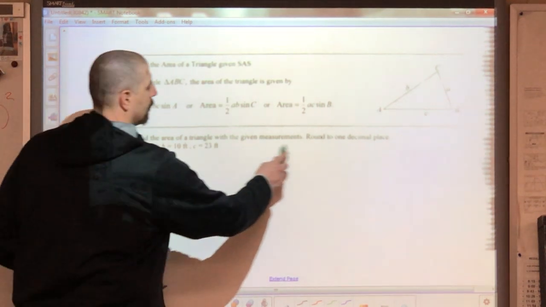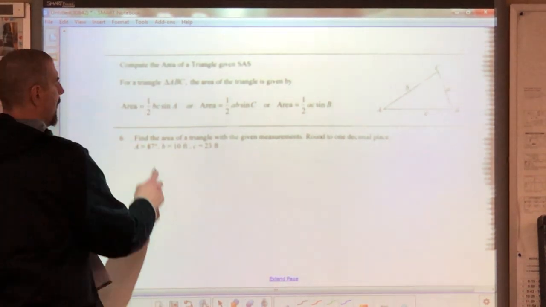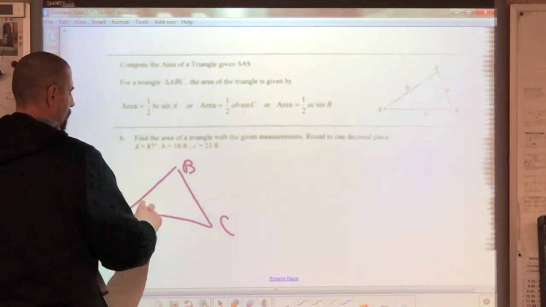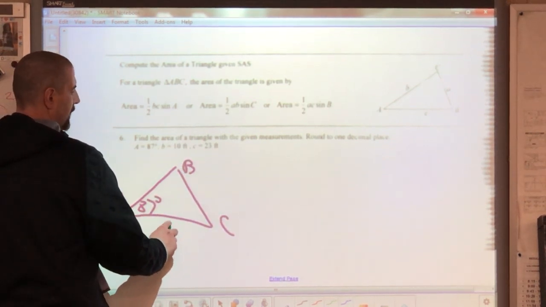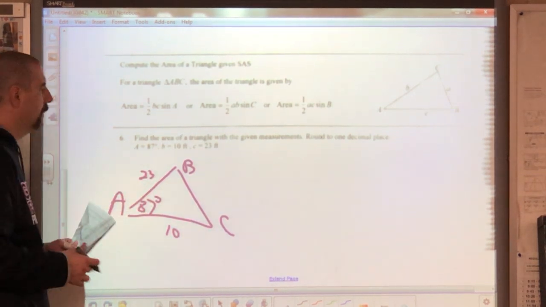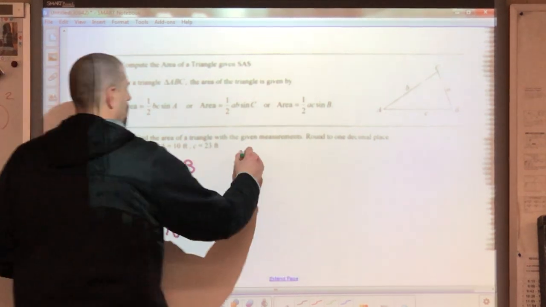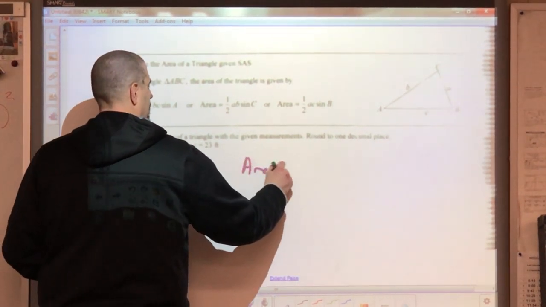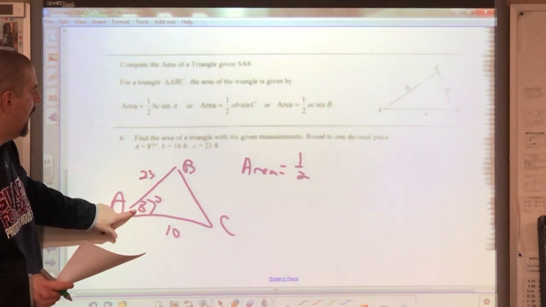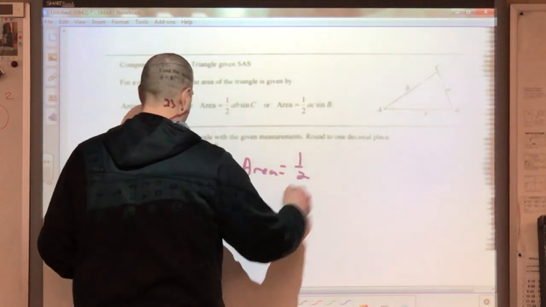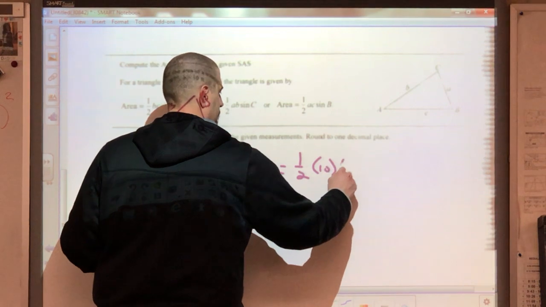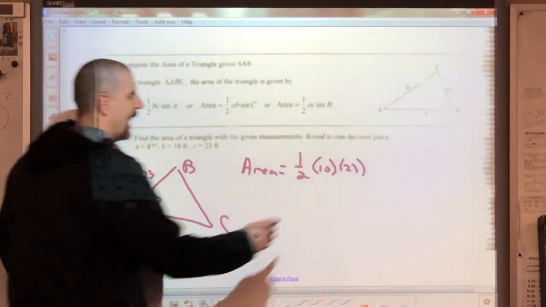Find the area of a triangle with given measurements. So we have side A, and again, I'll draw a picture in case you need it. A, B, C. So we have A is 87, b is 10, c is 23. So we want to find the area, so area equals 1/2 times 10 times 23 times sine 87.